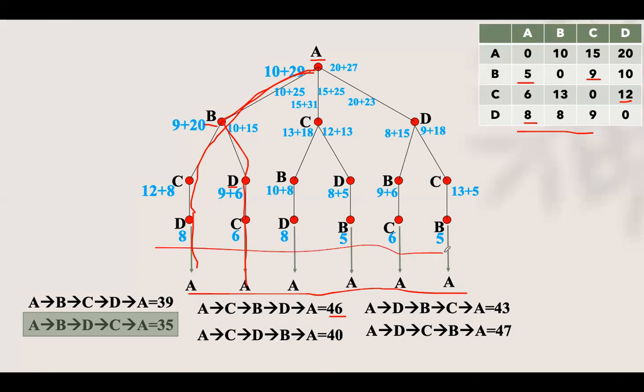First, we'll find out the cost at this stage, and then the cost at these three stages. Whichever is minimum, we'll start picking that one to reach from A to A. Dynamic programming is that at each stage we'll find out the cost, store it, and use it for the next computation. That is what we'll do in dynamic programming.